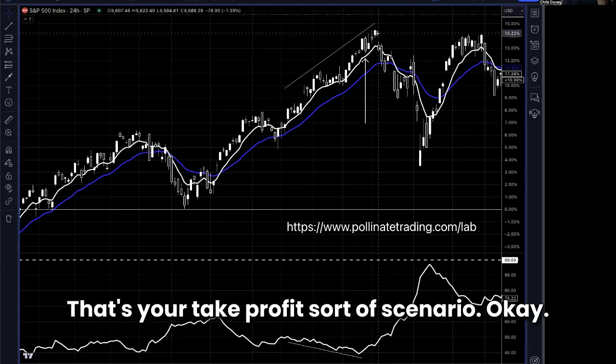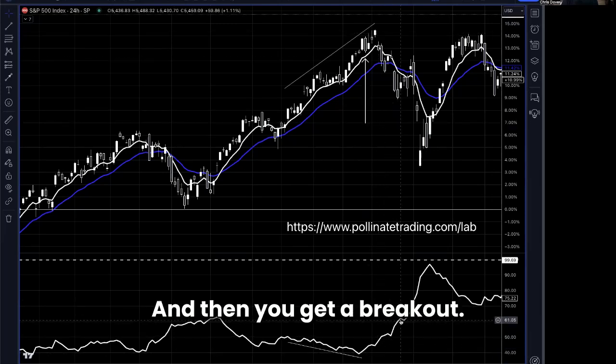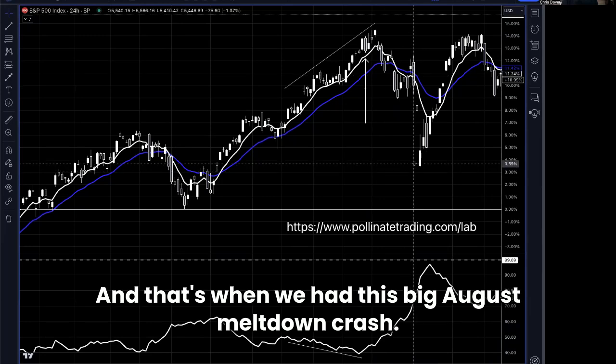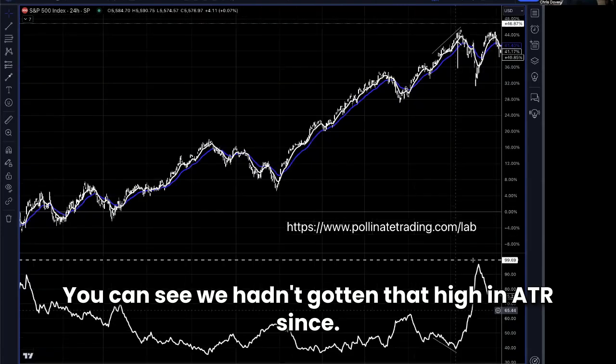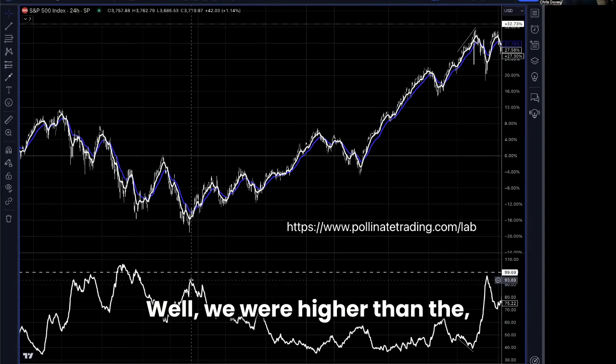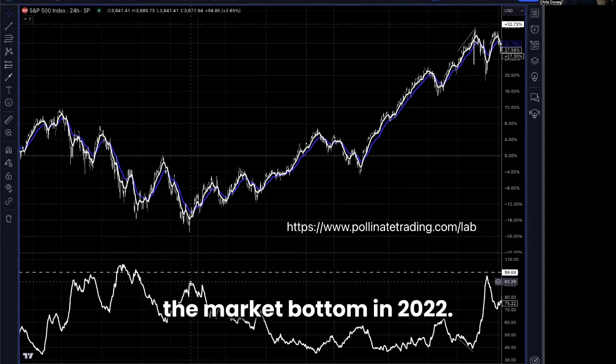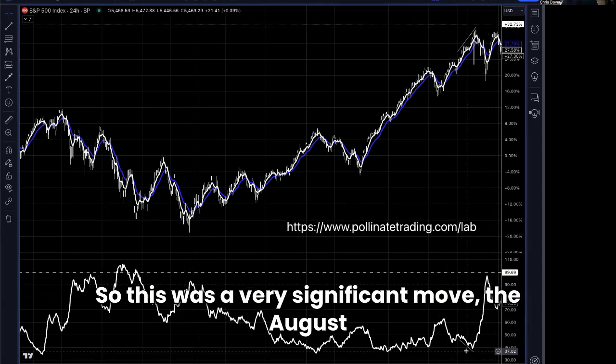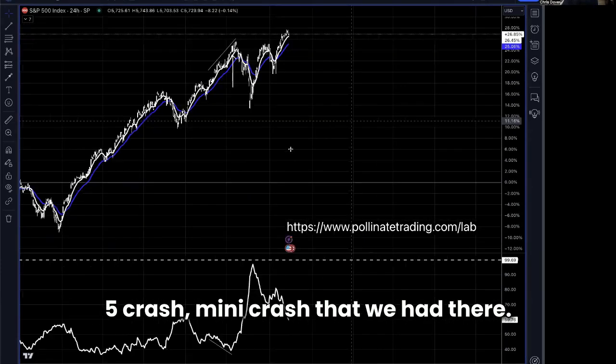That's your take profit scenario. And then you get a breakout, and that's when we had this big August meltdown crash. We hadn't seen ATR that high since the market bottom in 2022. So this was a very significant move, the August 5th mini crash that we had there.